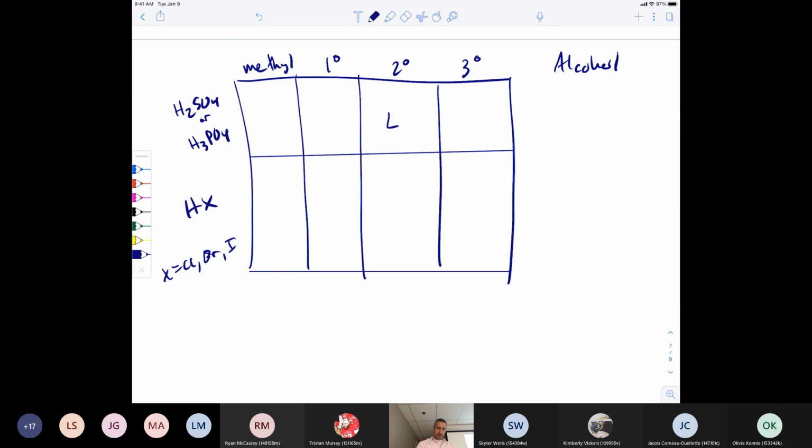Tertiary and secondary can make carbocations, so the E1 with phosphoric acid or sulfuric acid, SN1 with HX. So think of the right half here as the carbocation mechanisms. Secondary and tertiary carbocations are possible, so that's what happens. Not possible for the other ones, and so for HX, we have SN2, and for these ones, we have E2 and X. You can't do elimination on a methyl alcohol.